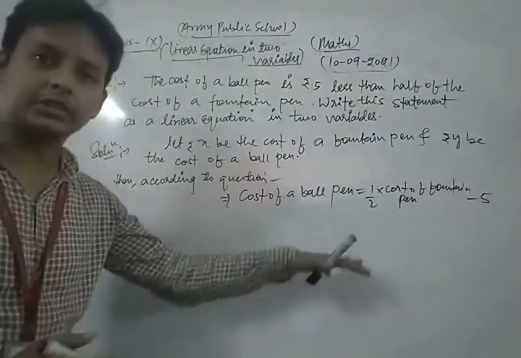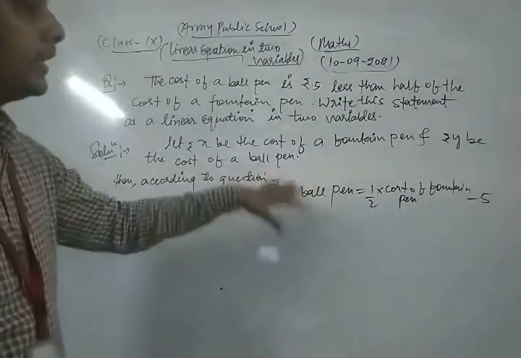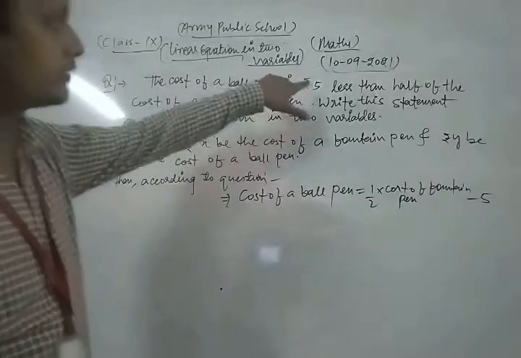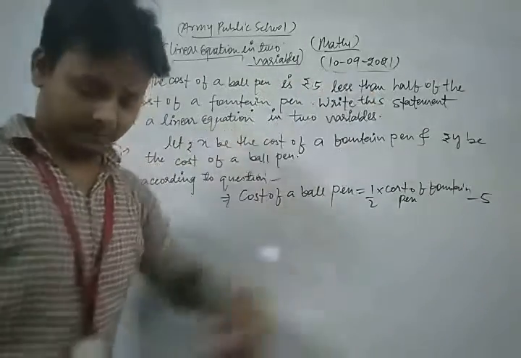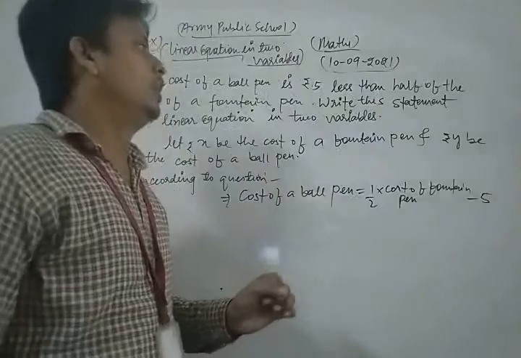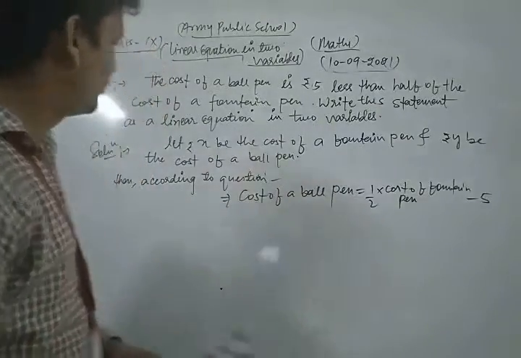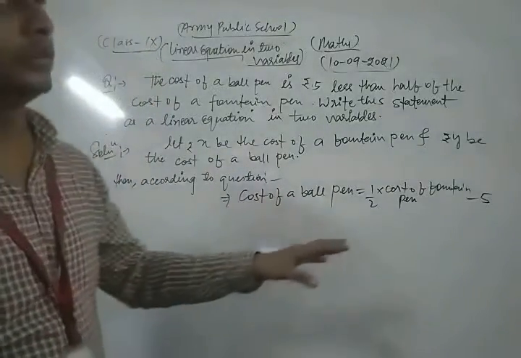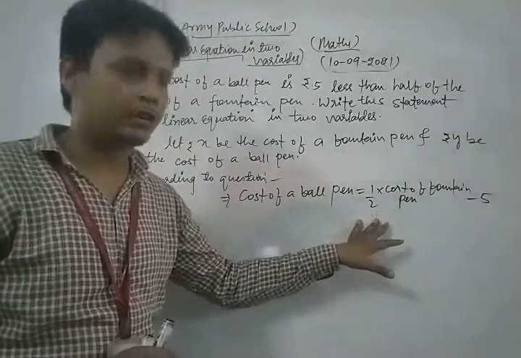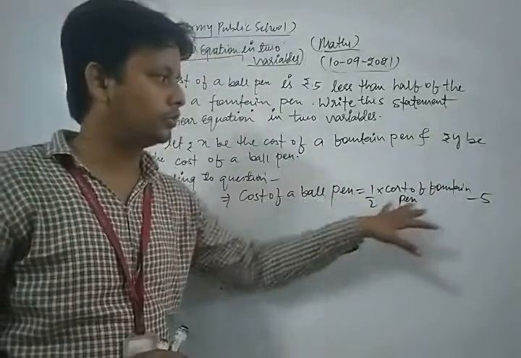Okay, this is the condition here. So the cost of a ball pen is equal to ₹5 less than half of the cost of a fountain pen. Cost of a fountain pen upon 2 minus 5.